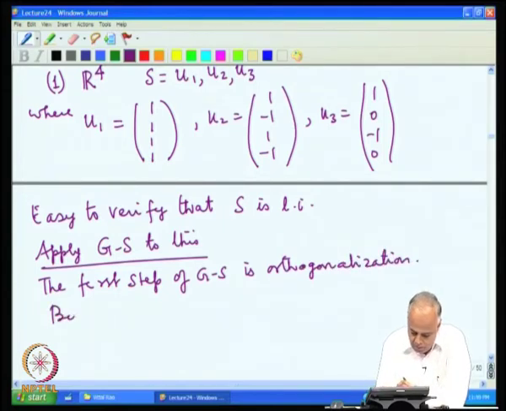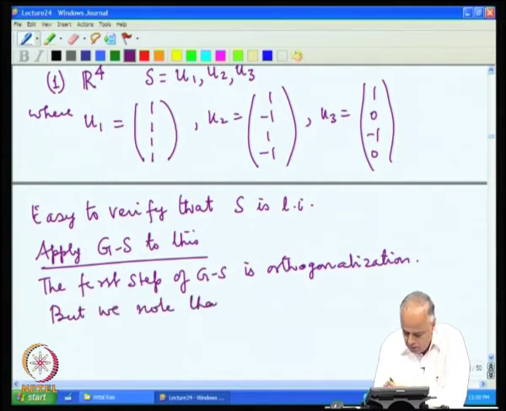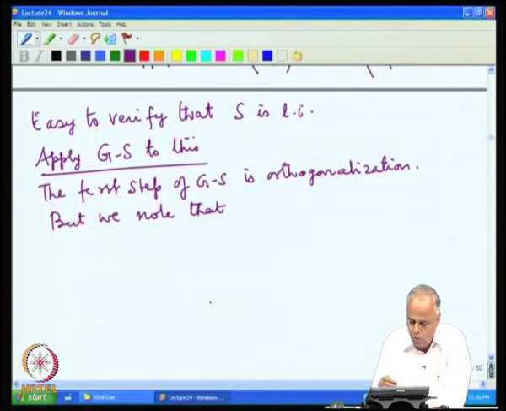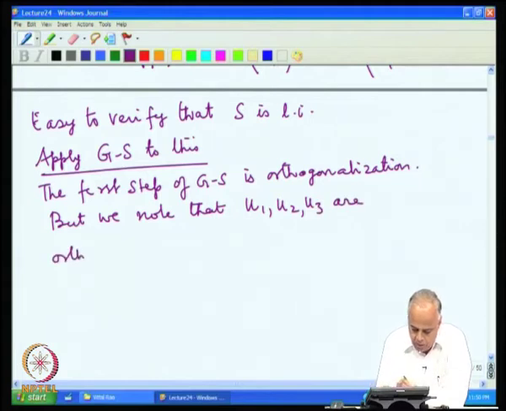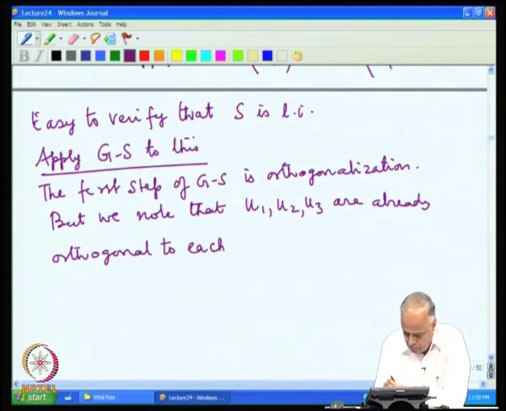But we note that u1, u2, u3 are already orthogonal to each other. Why is it so?